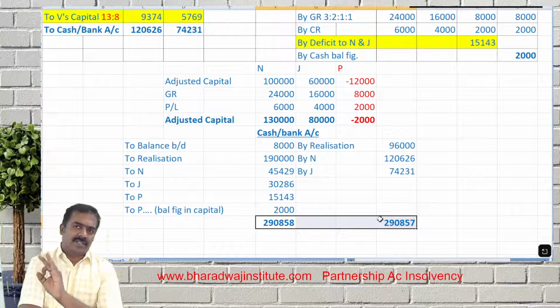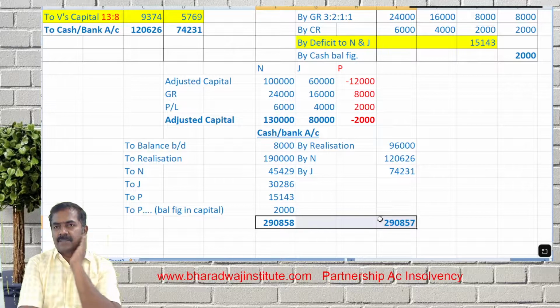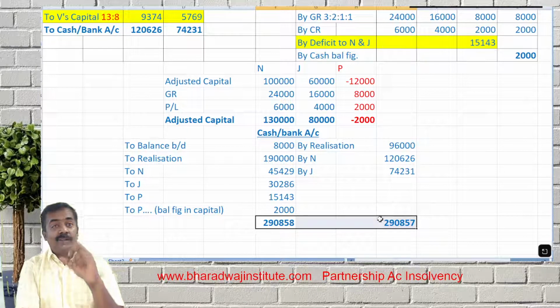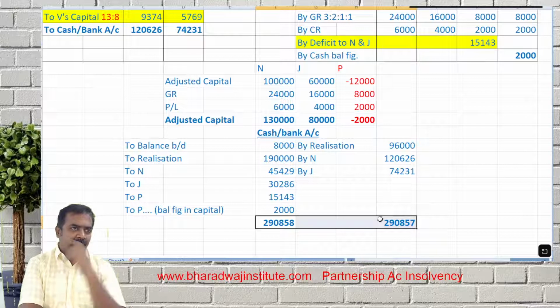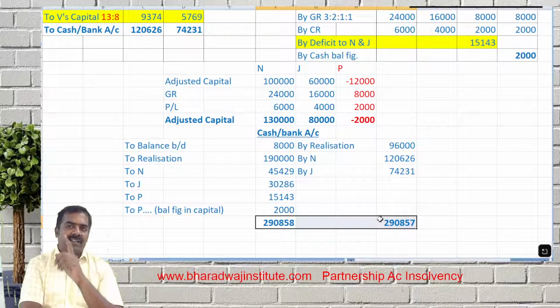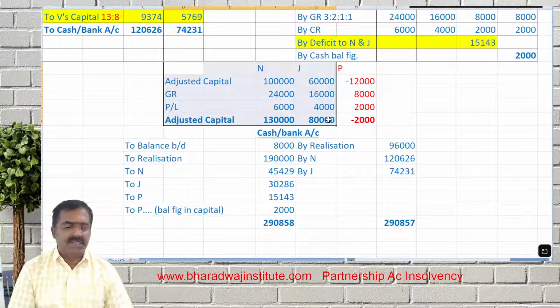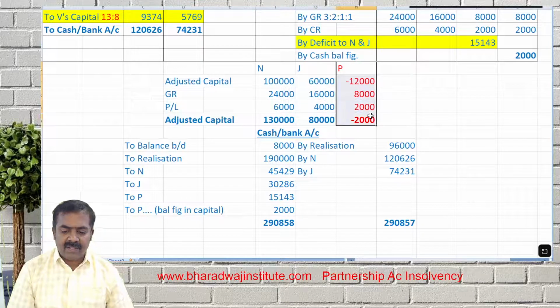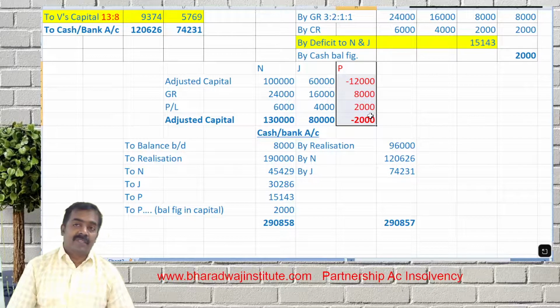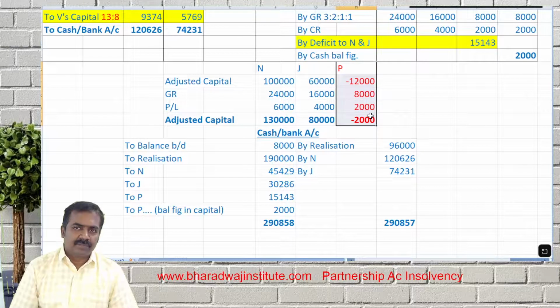Take opening balance, P&L account, general reserve, and any miscellaneous expenditure you have to adjust. Ignore partners' loan for calculating adjusted capital. One more thing we learned is that partners having a surplus balance only will bear the insolvency loss. Though P is not insolvent, he has a deficit or negative balance, so he will not bear the insolvency loss.